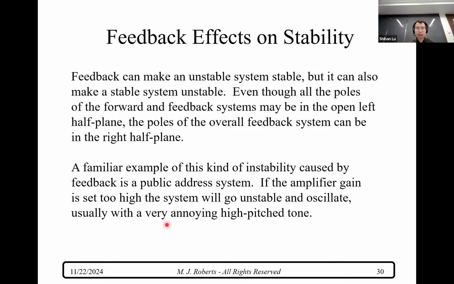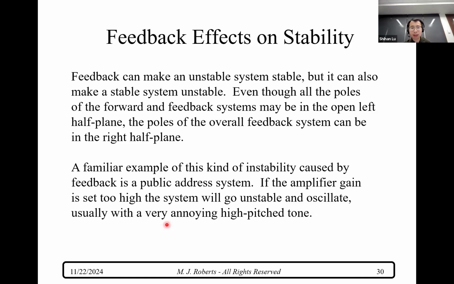An easy example is a public address system, or when you're on an online meeting on Zoom. Sometimes if you forgot to mute your microphone, and at the same time the gain of the microphone is pretty big, you will hear those very annoying high-pitched sounds from the communication. That is a very simple and common situation.